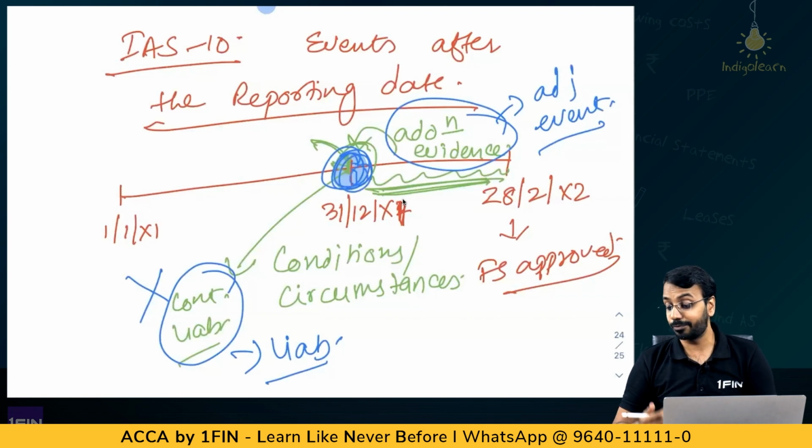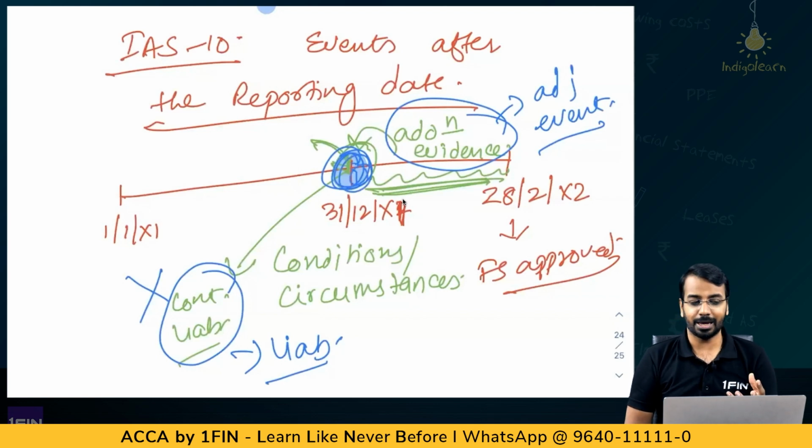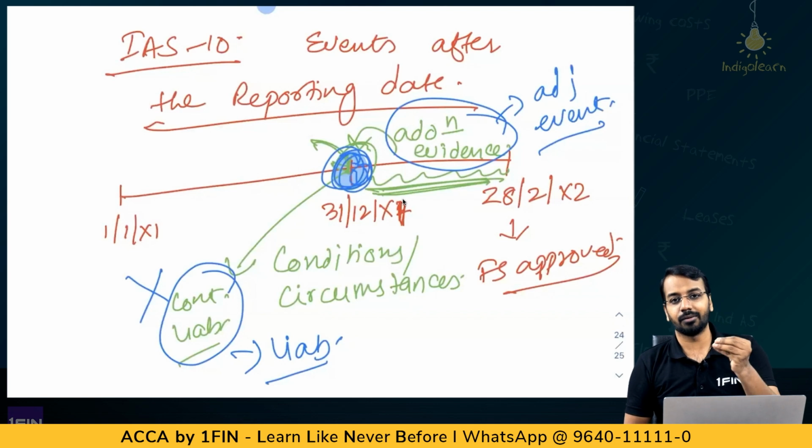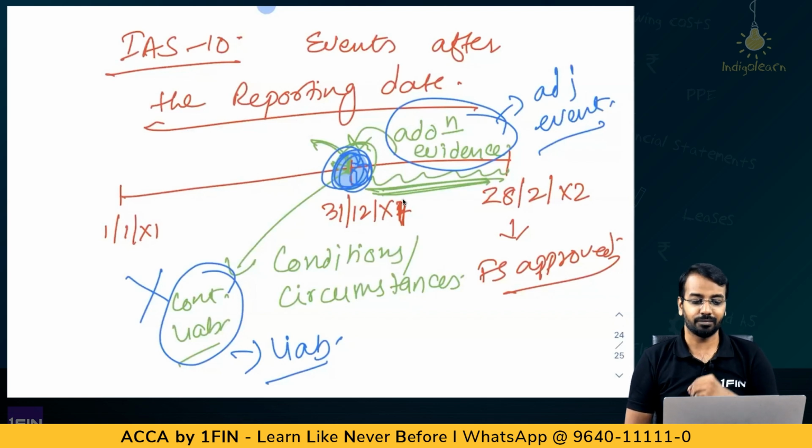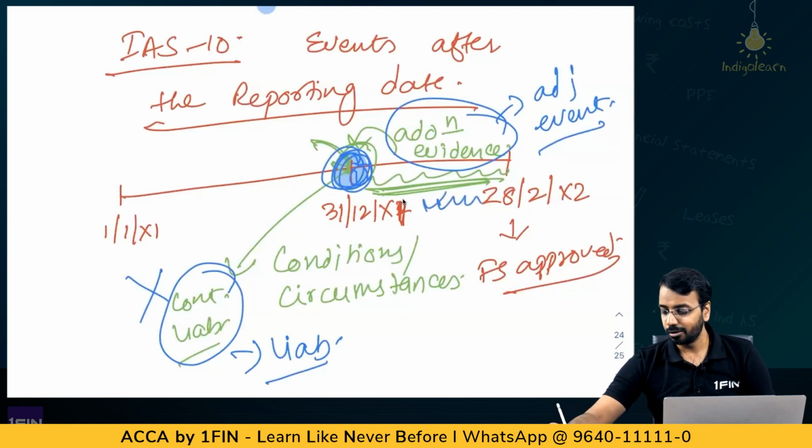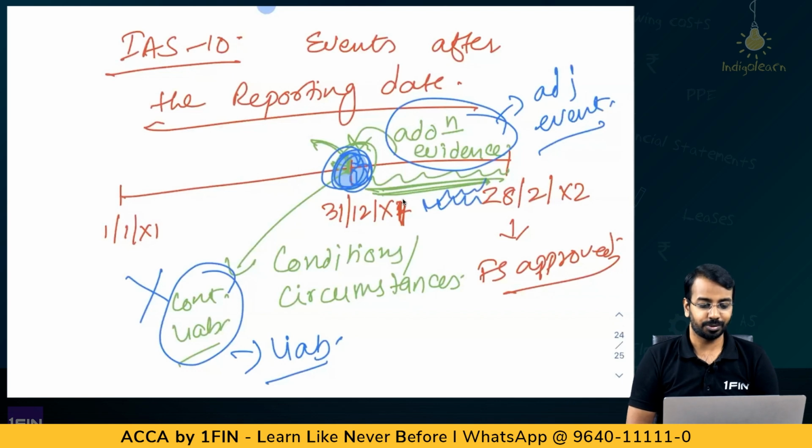Now, if the event is completely new, for example, there is a fire which has occurred, or there is an acquisition of a business, or there is a fall in the value of investment or inventory, all of these are non-adjusting events. These are events which are occurring purely in the post balance sheet or post reporting period.